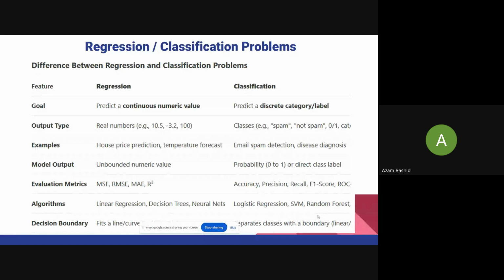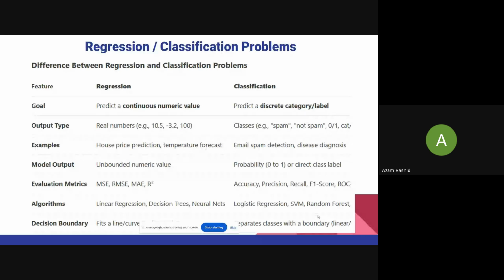ROC is also a graph curve, which is implemented in some models, but the four things are very necessary for a classification model. In machine learning terms, we call this the classification report. When we apply the classification report method, it gives all four figures: accuracy, precision, recall, and F1 score.